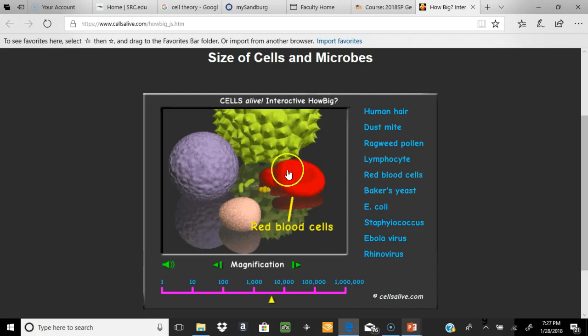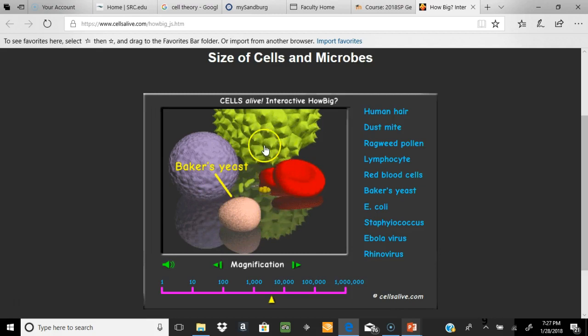So red blood cells are beautiful biconcave structures, and they bring oxygen to our cells. So they're kind of big right there, but you've never probably seen an individual red blood cell like that. Baker's yeast. So this is a eukaryotic structure. Again, super small, but it is a eukaryotic structure.